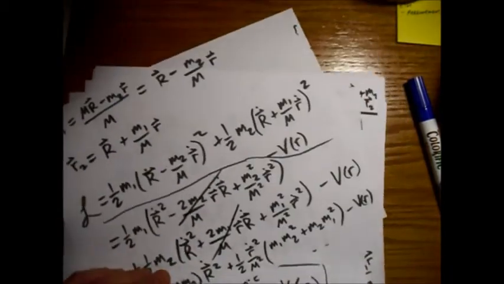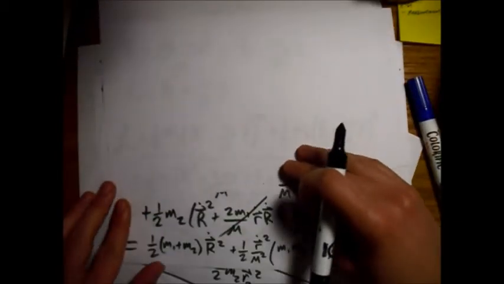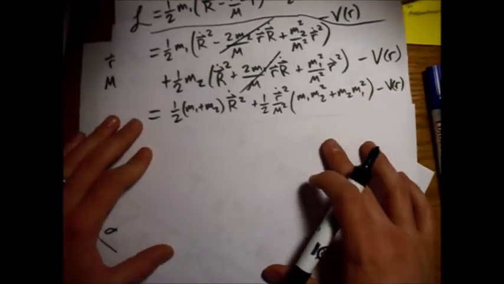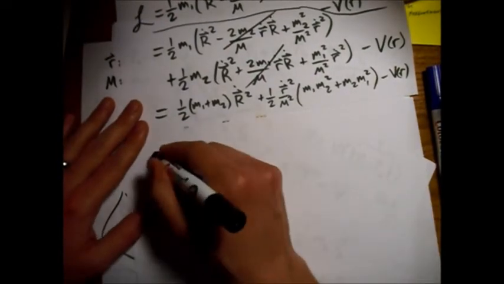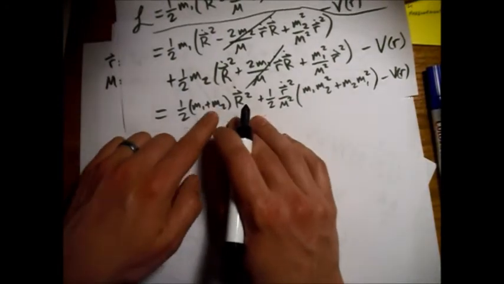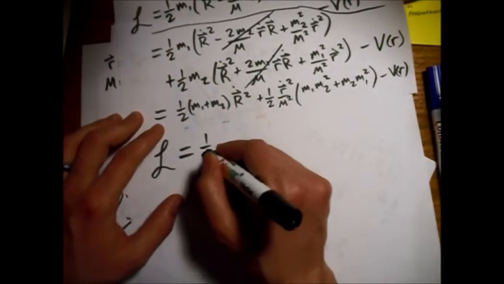Let's find a clean page. Now we're going to just work on simplifying this. So our Lagrangian is equal to, I'm going to go ahead and put in the big M now.